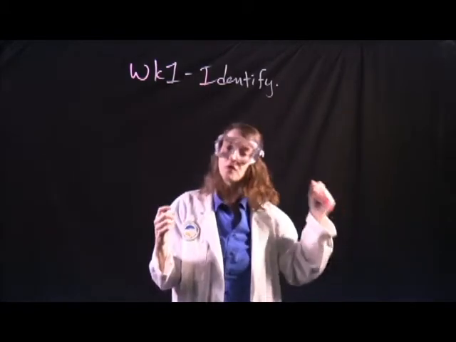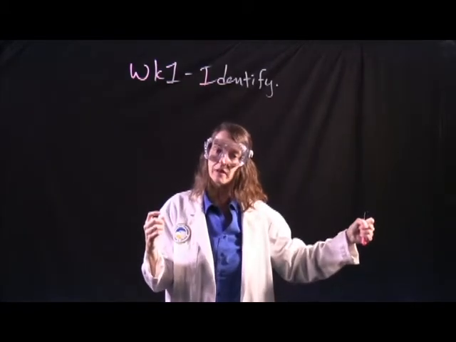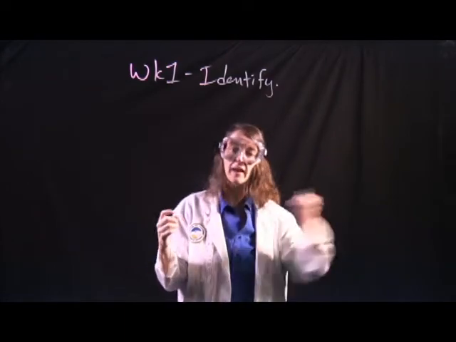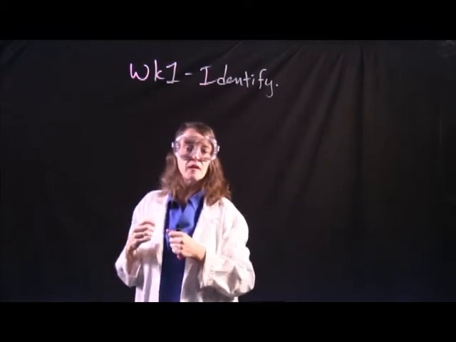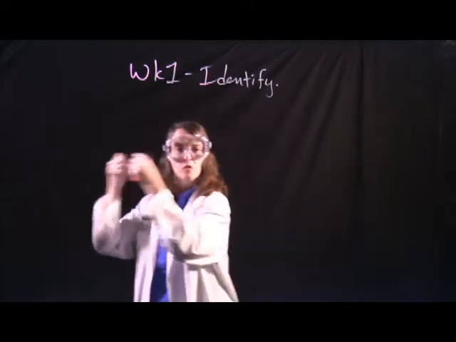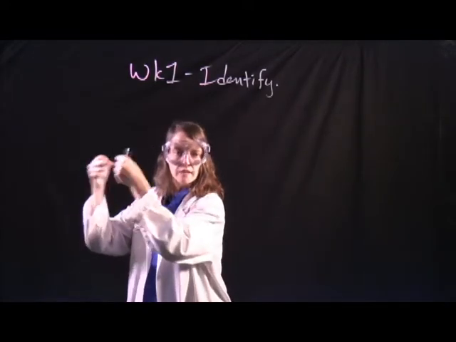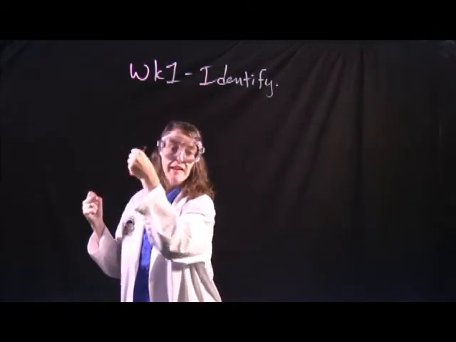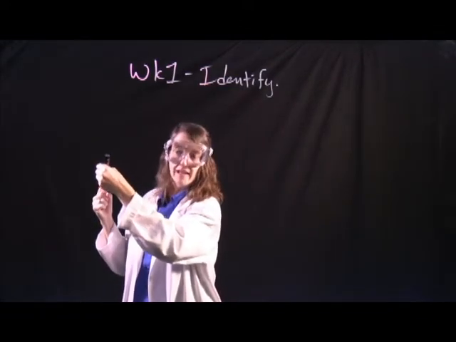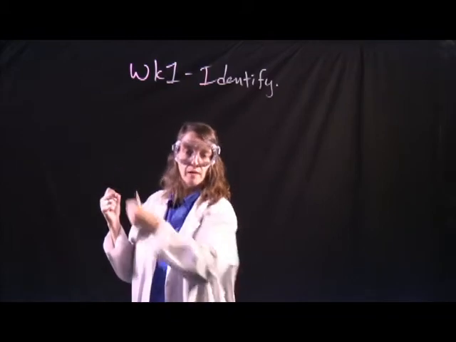So you know for sure that that compound has nitrate in it, and you can compare that result to your unknown. In fact, for all of the experiments that you do in week 1, you really should have 2 test tubes, one with your unknown in it, and the other one with a known compound that contains the ion that you're testing for, so you can compare.